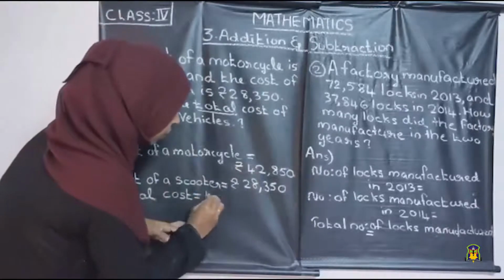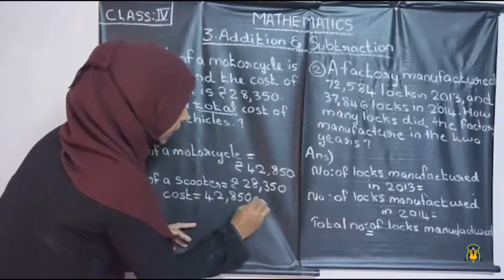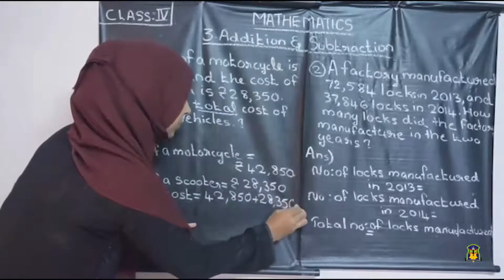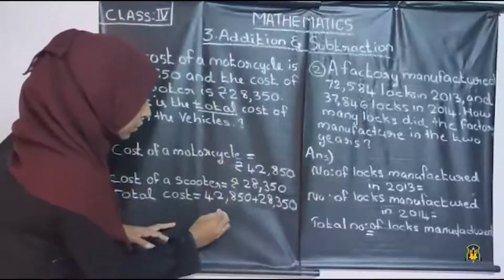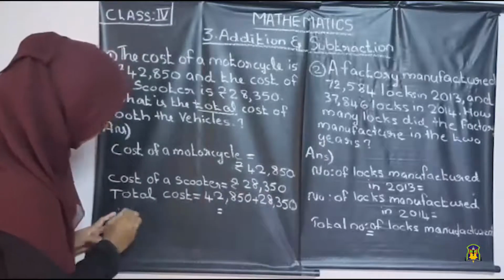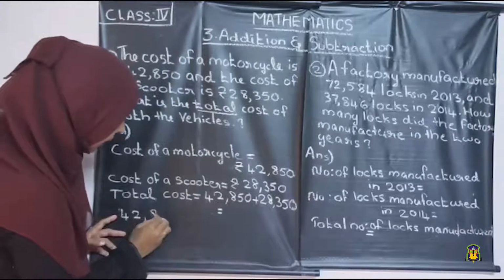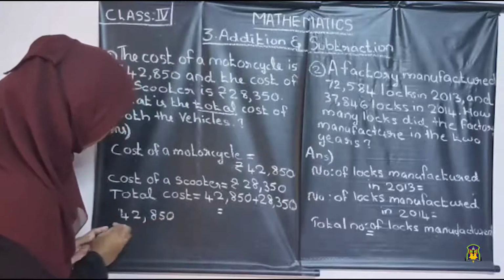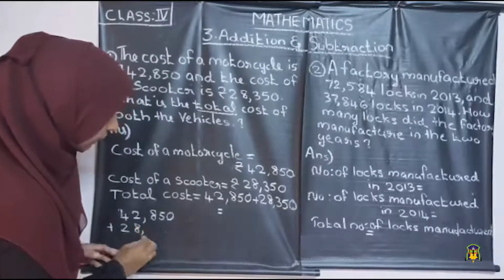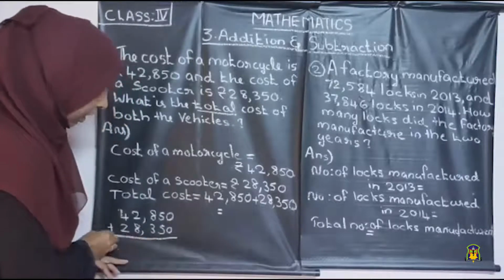It is given now 42,850 plus 28,350. Okay, so we can add and find the answer. I will add here children. 42,850 plus 28,350.